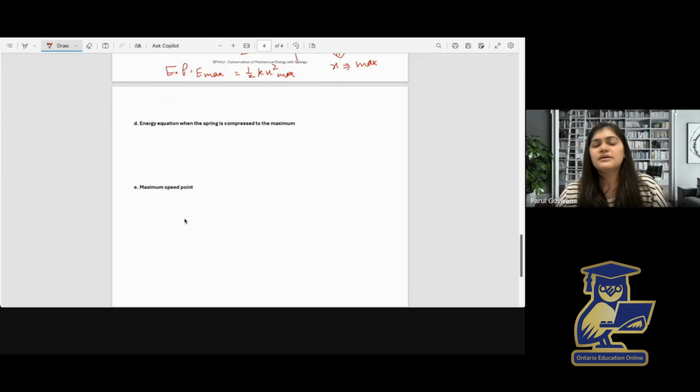So we can say the general equation is half kx square max plus mgh compressed equals mgh at the top level. We started with half kx square max. Now this energy is being converted to the other form of energy, which is mgh top, or we can say gravitational potential energy.